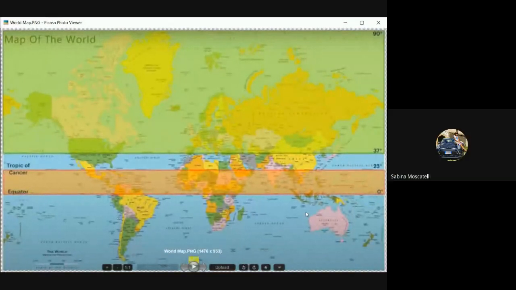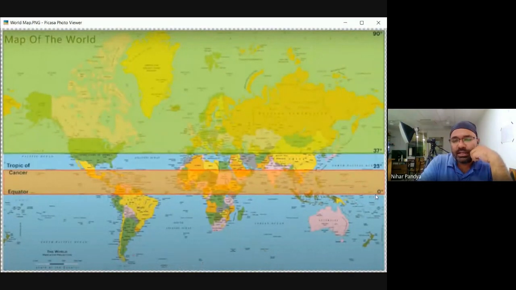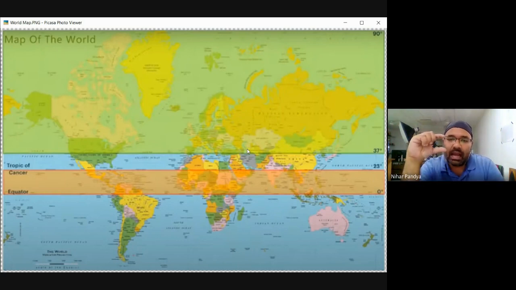Yeah, thanks. Okay. So in this, if you see, it's equator to 23 degrees, that's the orange area. And from 37 degrees to 90 degrees. Now these both, one is orange highlighted and one is green highlighted. If you check on the sphere, on Earth, the height of both these areas is the same, the way I showed right now, right?